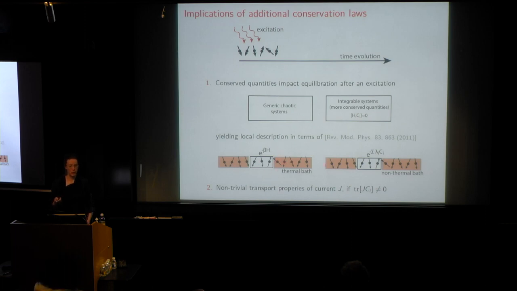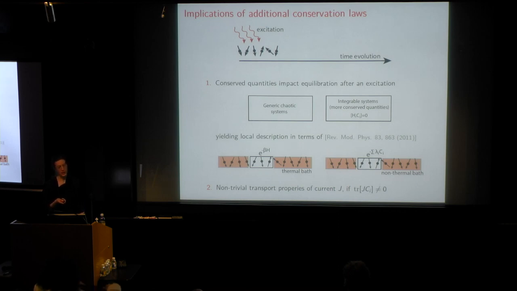In integrable models, these additional conservation laws restrict the equilibration and prohibit such thermalization, and instead the system relaxes to so-called generalized Gibbs ensembles. The second consequence of conservation laws is that such systems can show non-trivial transport phenomena if the current that we are studying overlaps with one of the conservation laws. In that case, we'll see ballistic transport instead of the usual diffusive one.